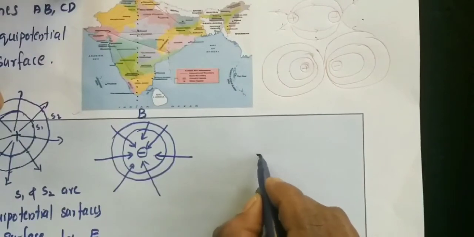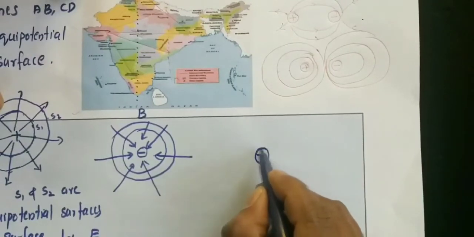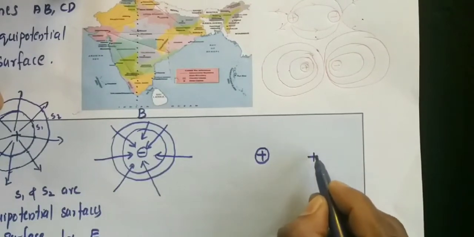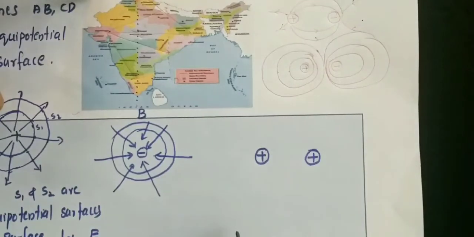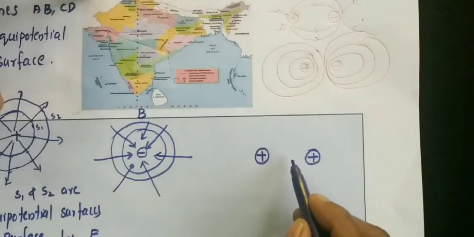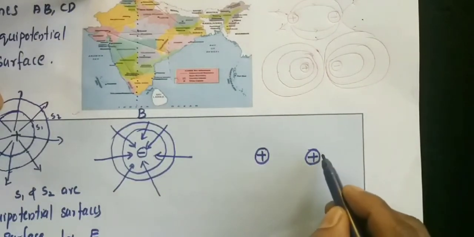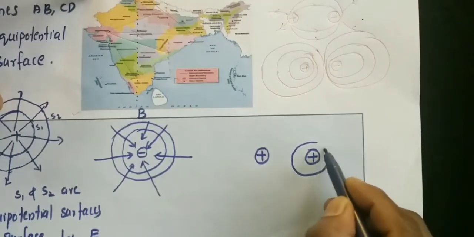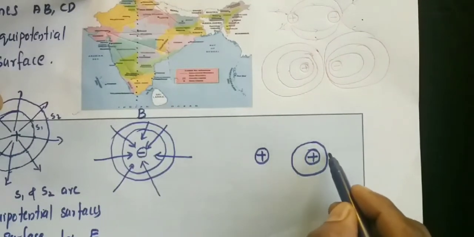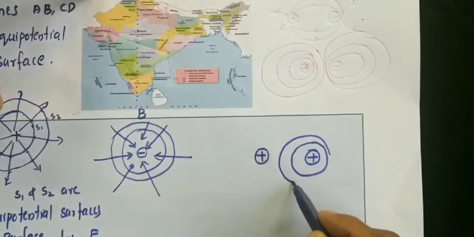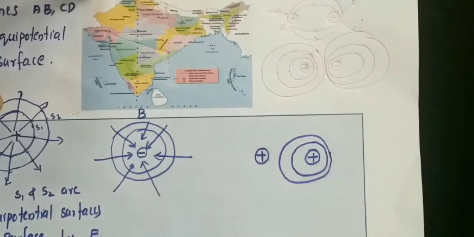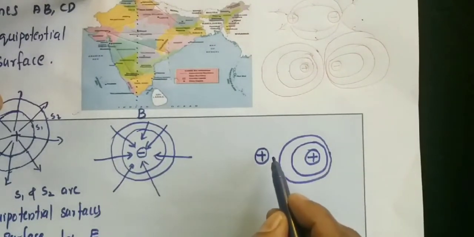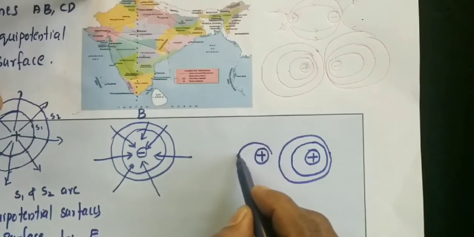Now I am trying to draw equipotential surfaces for similar charges. Let us consider two positive charges in space. As usual, here also the potential surfaces will be concentric spheres, and you should see very minutely that the space between the charges will be more.